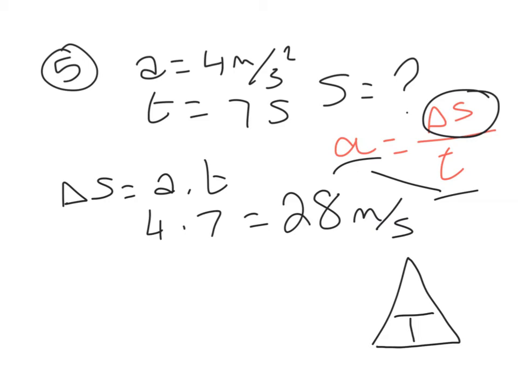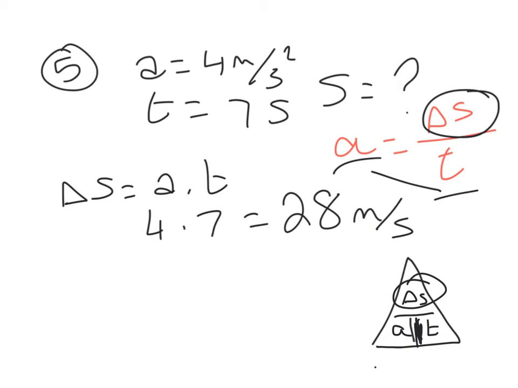In this case, we have acceleration and we have time. So this is the line of multiplication right here. So acceleration times time gives me the speed.